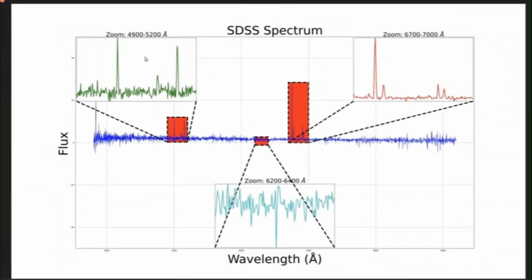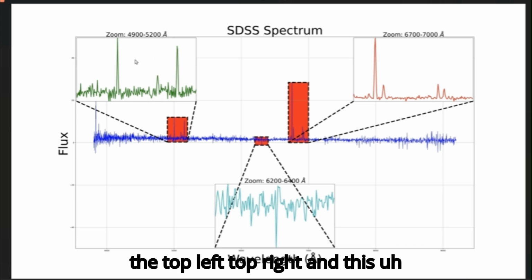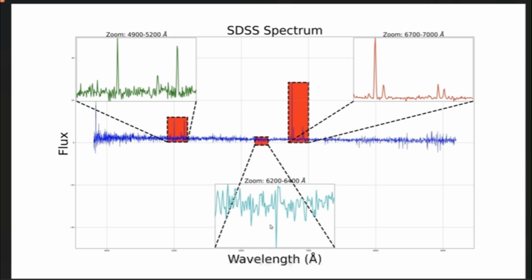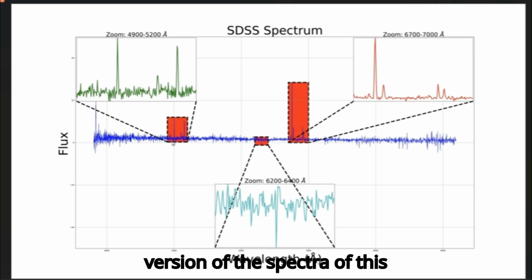You can see these red patches are the regions of the spectra, and the top left, top right, and the center one are the zoomed versions of the spectra of these red shaded regions.